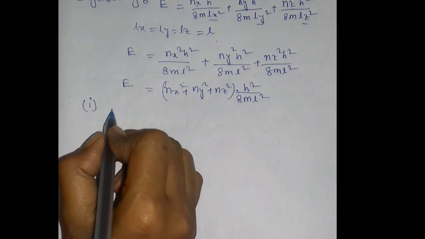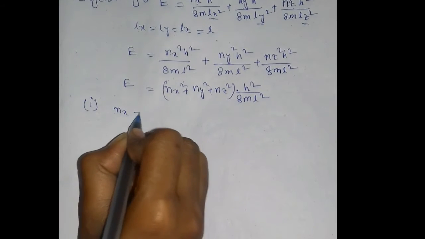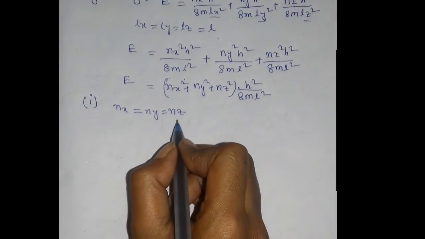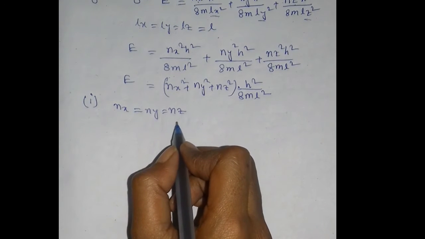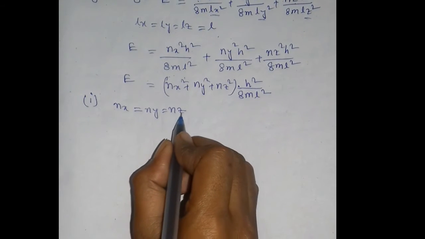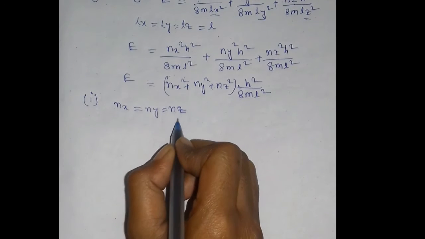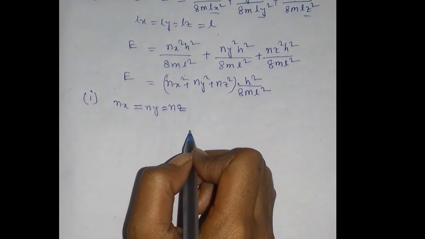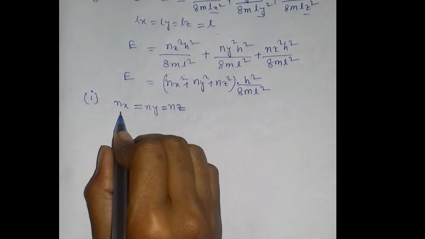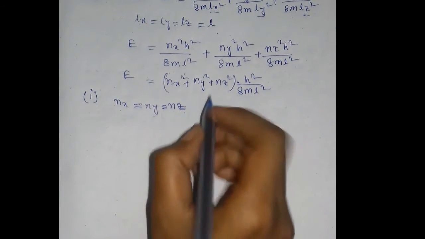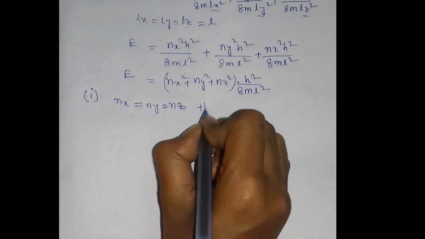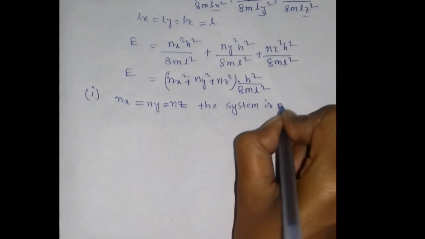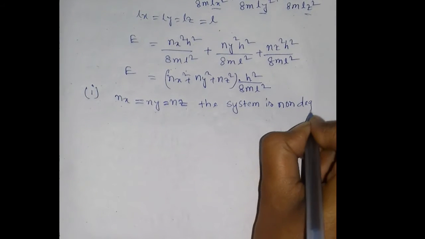In the first case, if nx equals ny equals nz, the system is non-degenerate. What is degenerate? Whenever we get the same energy value for different states, these states are called degenerate states. Whenever nx equals ny equals nz, the system is non-degenerate.